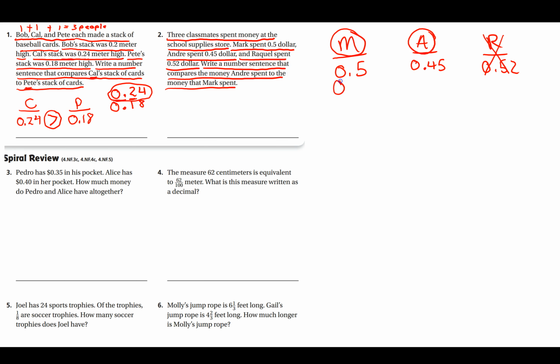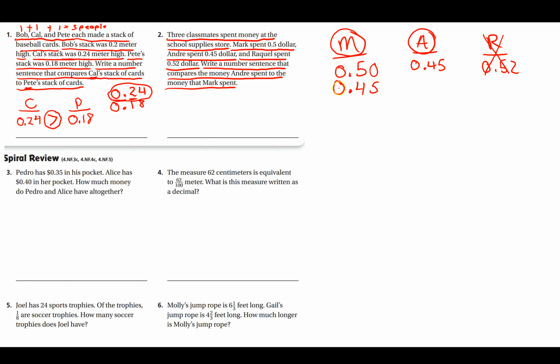So we have a 0 in the ones place. Line up the place values, line up the decimals. Then our decimal, then a 4 in the tenths place, and then a 5 in the hundredths place. Notice Mark's number doesn't have anything in the hundredths place, so to represent nothing, I can use a 0 because 0 is worth nothing. And then I start in the ones place and I compare.